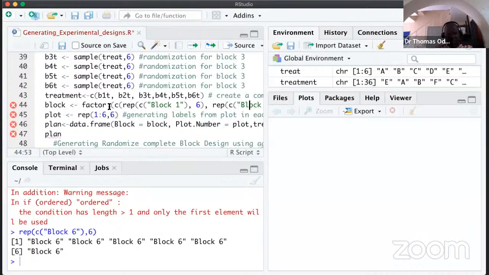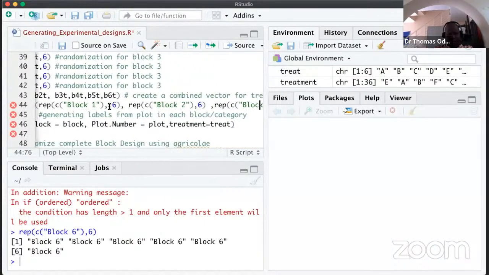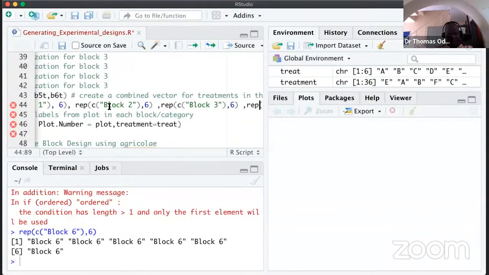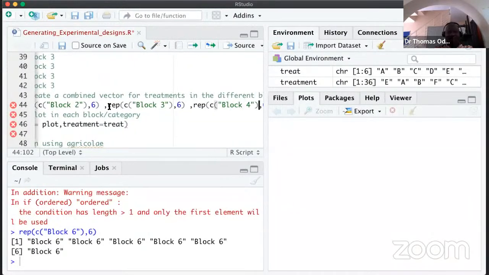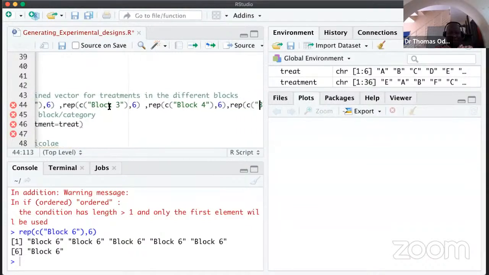I should be ready to go, because I still have one bracket remaining on the side. That's why I have a red.